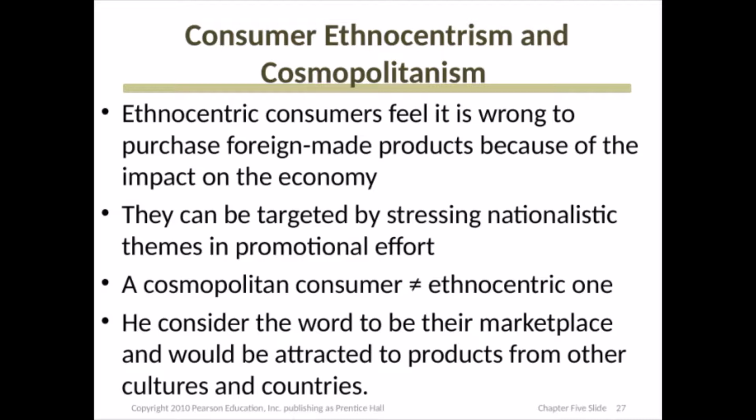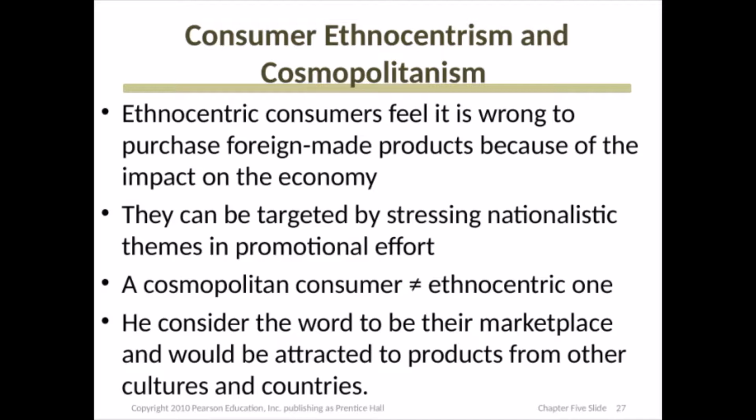So those people who have ethnocentric consumers, they are more likely to buy local products. والناس اللي عندها low score in ethnocentrism ممكن يشتروا الحاجات المستوردة والمعمولة في بلاد أخرى. اوكي.